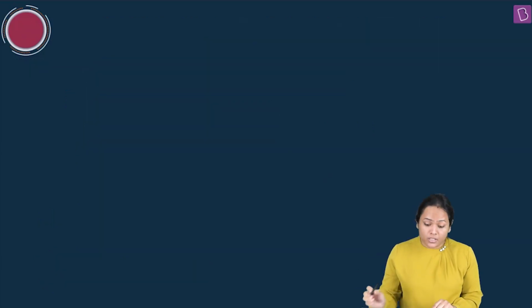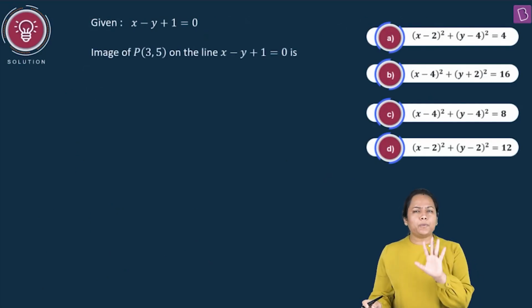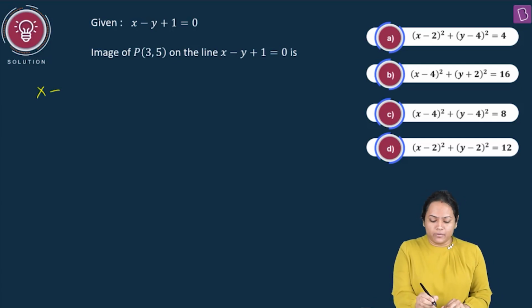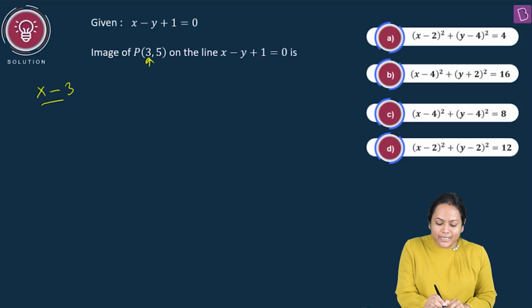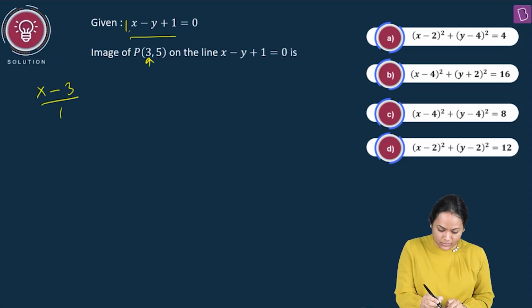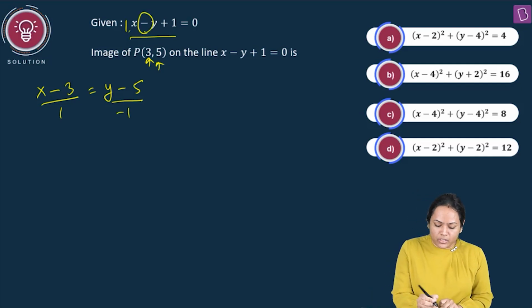Or suppose if you don't want to go like this, you can directly apply the formula. I hope you remember what the formula is. It says x minus x1, which is 3 in this case, divided by the coefficient of x in the line, which is a, that is 1, is equal to y minus y1, which is 5, divided by the coefficient of y, which is minus 1 for us.